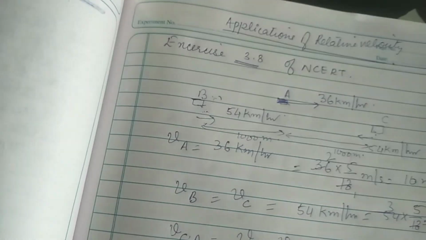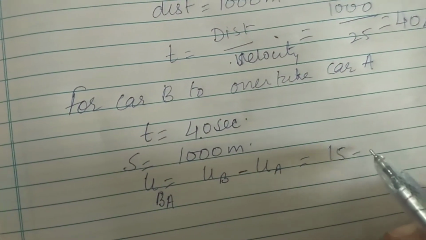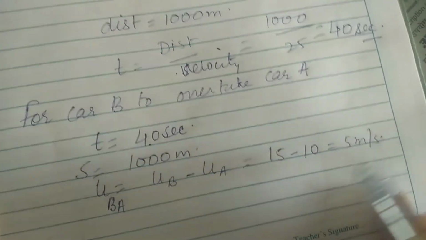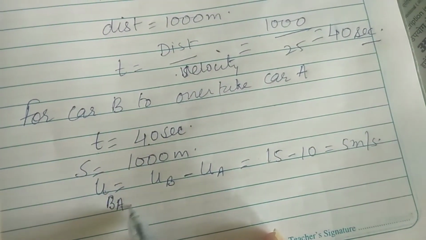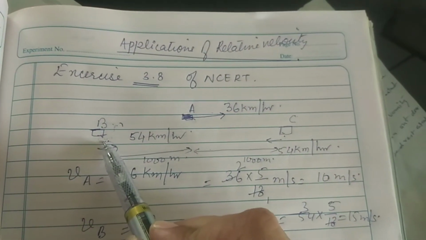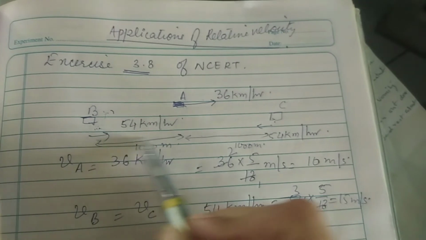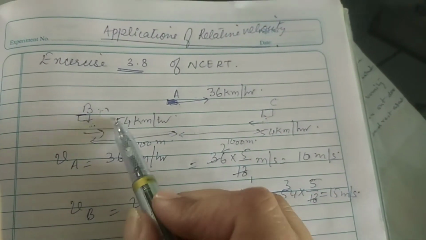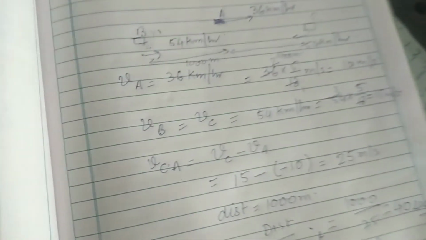So car B is having 15 meter per second and car A is having 10 meter per second, so 5 meter per second. So this is the initial velocity of car B with respect to A. Here again I am going to consider this to be at rest and it is moving only with the 5 meter per second. So it has to cover this much distance in 40 seconds, and what acceleration it has to accept.